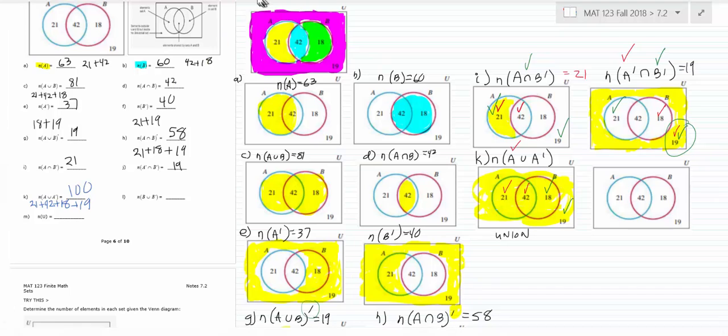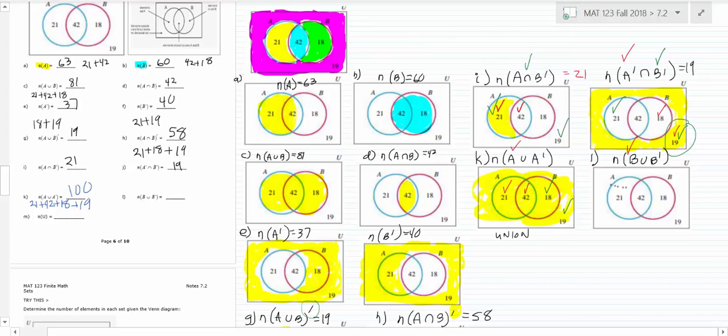Okay, the next one is very similar. In set L, this is saying the number of elements in B union B complement. Let's do the same thing.